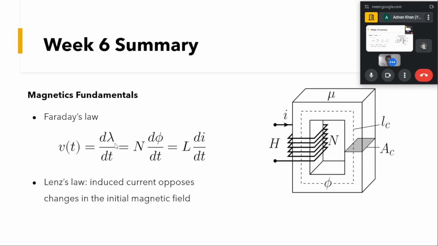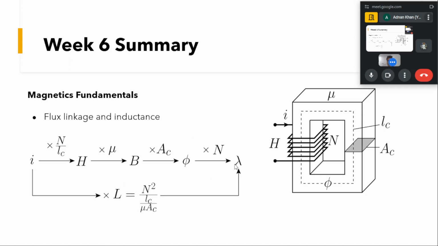If we have a change in flux or change in current, a voltage, an EMF, will be generated, given by e is equal to d by dt of lambda, which is the flux linkage. And as we can see from the previous equation, this flux linkage can be equal to phi into N, or it can be equal to L into I.